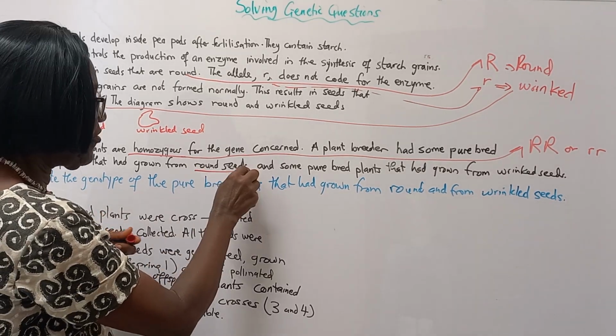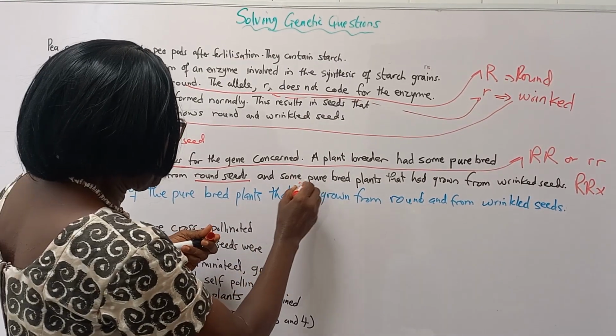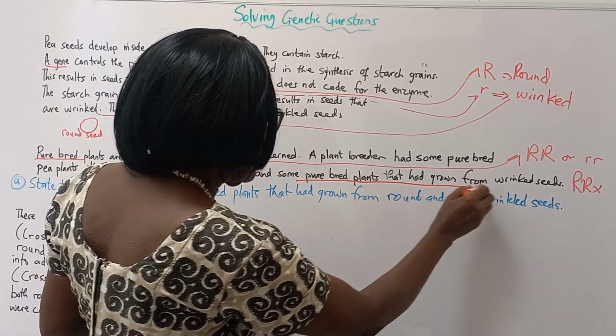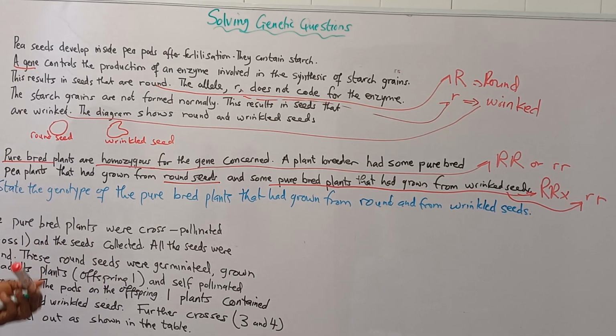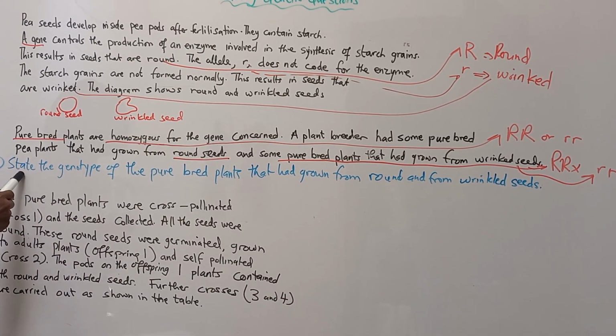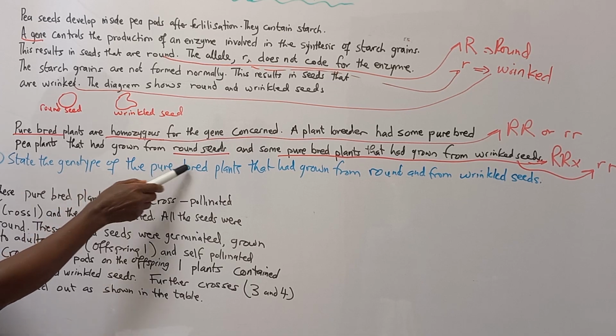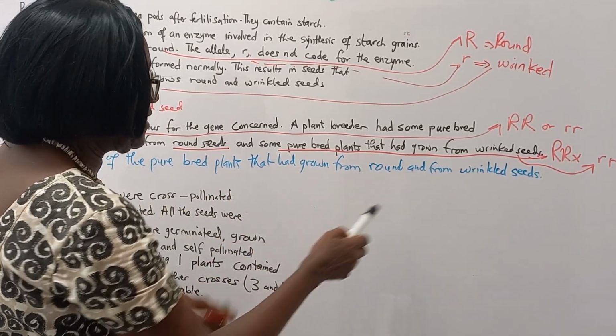So we have round seeds, big R, and purebred seeds that are grown from the wrinkled. So this is what the plant breeder did. And there's a question here. State the genotype of the purebred plants that are grown from the round and from the wrinkled.